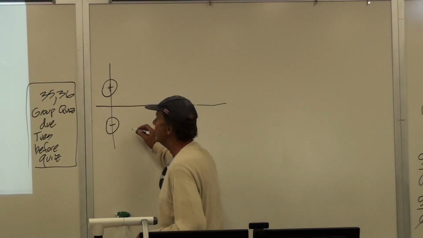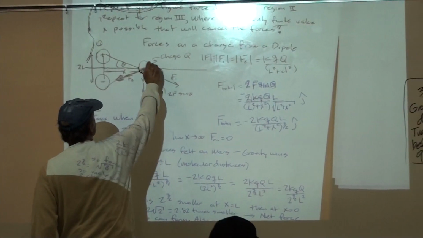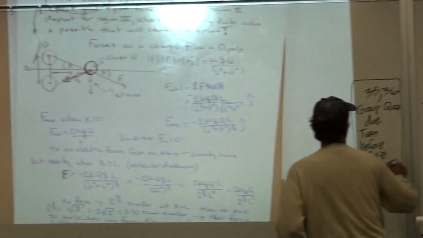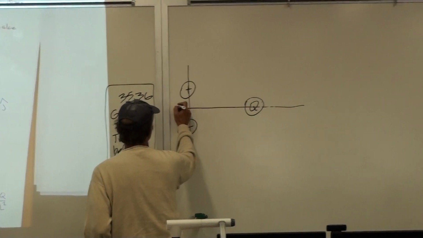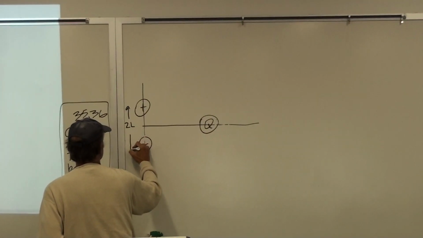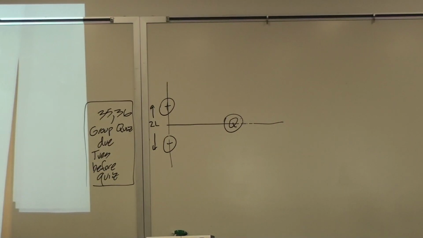Okay, so here what we want to do is find the force on this third charge as a function of distance. And just for convenience, let's take the separation distance between the positive and negative charges to be 2L.